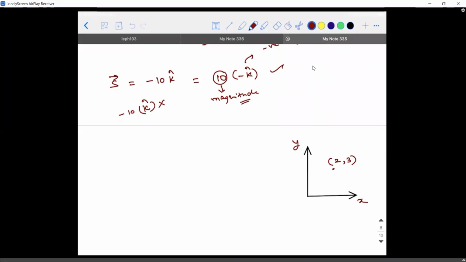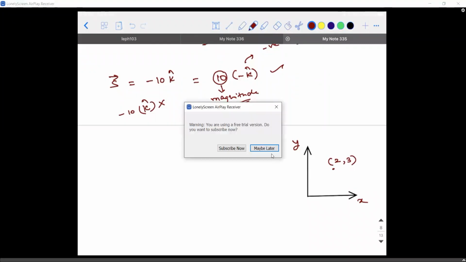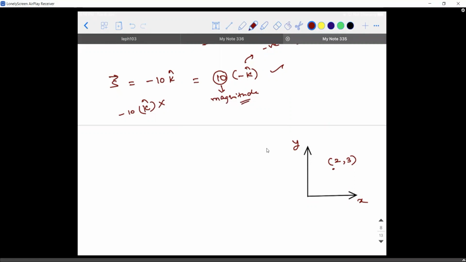Somebody says point A is 2 units far from x-axis and 3 units far from y-axis. Can you correct your statement? It is 2 units away from the y-axis. Yes. Or you can say origin. Because if you drop a perpendicular, this distance is 2, and this distance is 3.